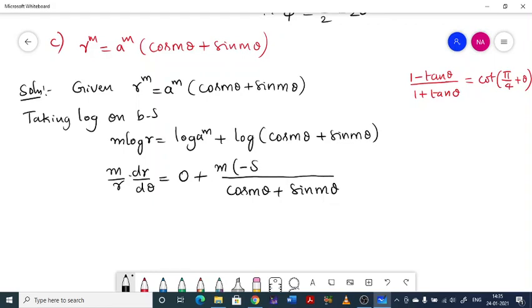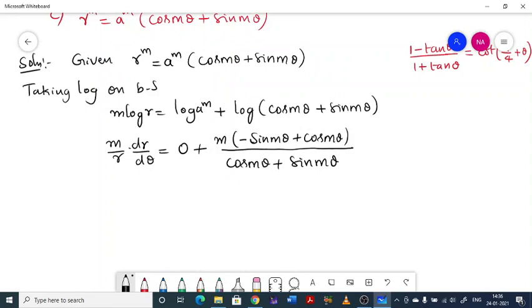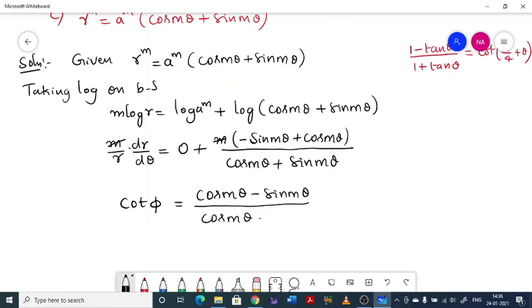Derivative of cos m theta is minus sin m theta and derivative of sin m theta is cos m theta. So m is taken outside, so I can cancel m. Cot phi equal to cos m theta minus sin m theta divided by cos m theta plus sin m theta.